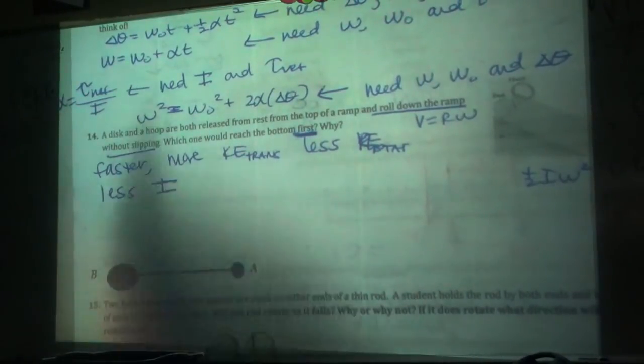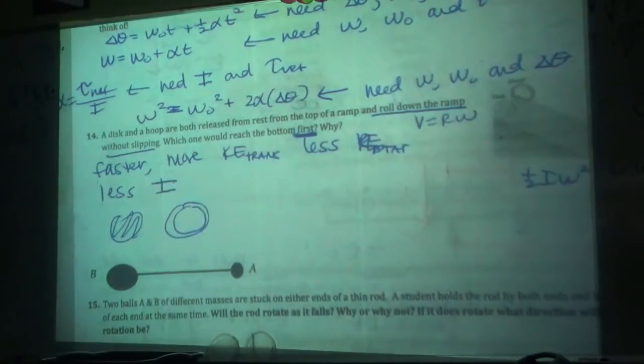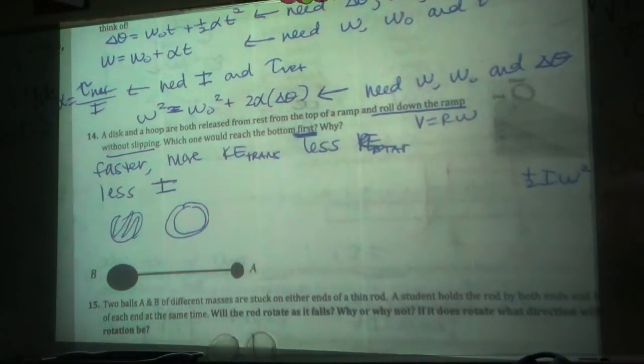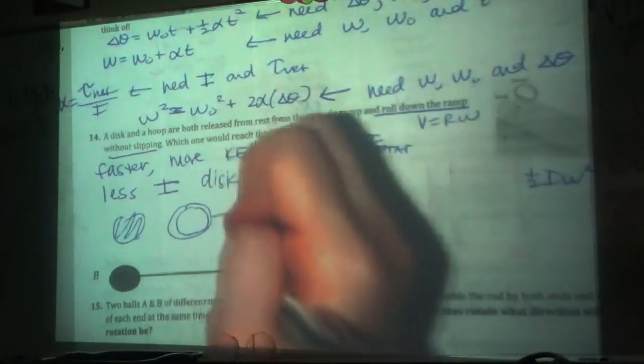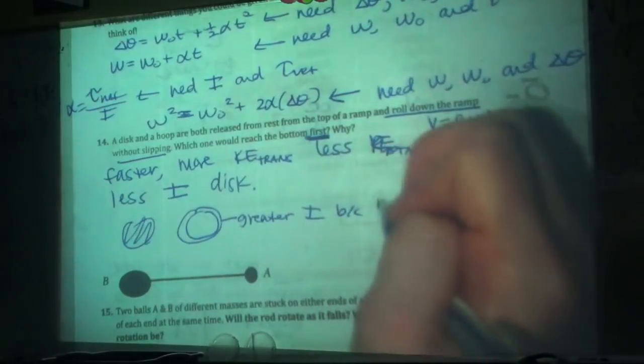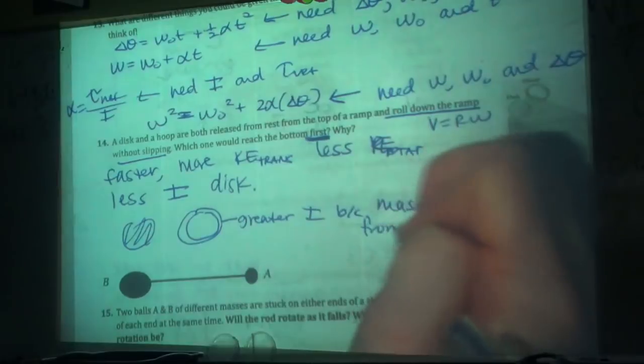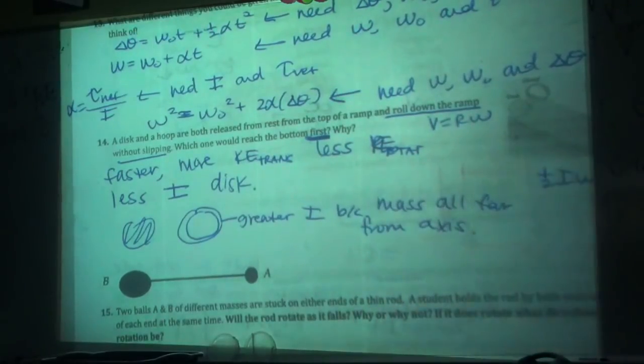So now it's just thinking through, okay, I have a disc and I have a hoop, and I didn't say this here, but they were the same mass and same radius. It's just how the mass is distributed across that radius. So the one that has less I is going to be the disc, because the hoop has a greater I because its mass is all far from the axis of rotation, its center.